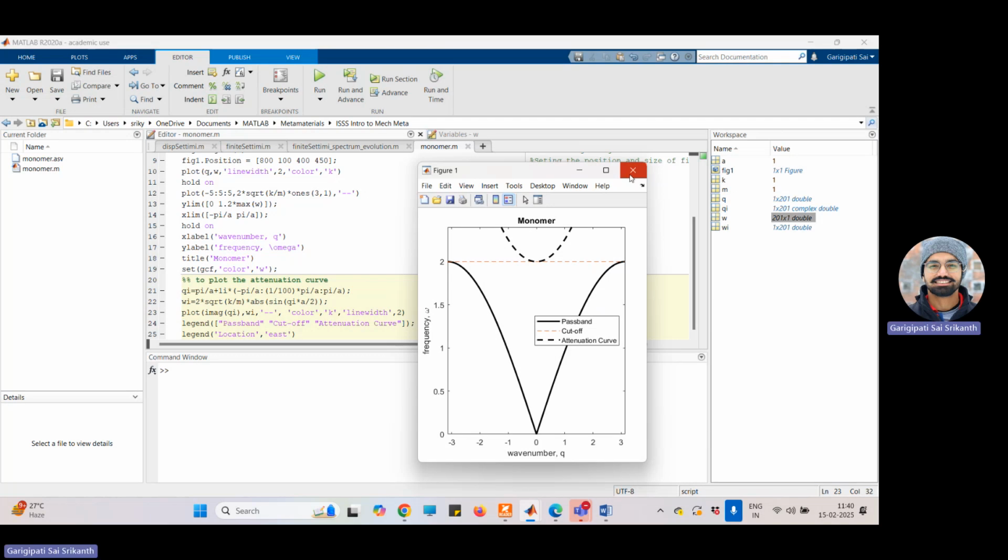So now next we'll cover normalization. Typically, this cutoff frequency can be used as a normalizing frequency. Then this cutoff will be brought to 1.